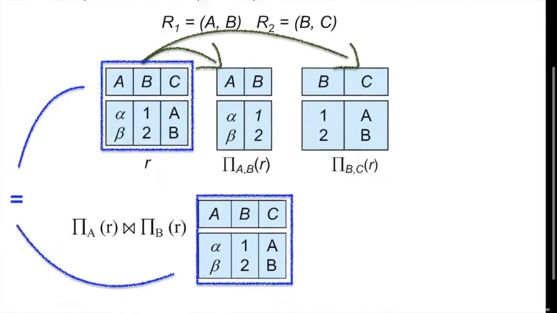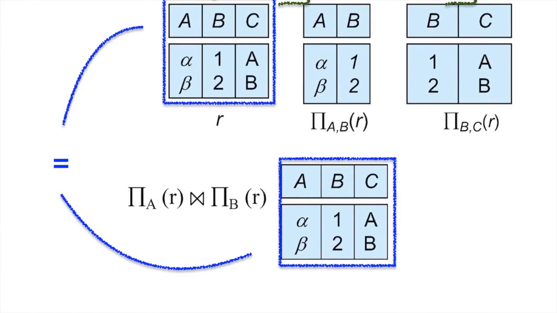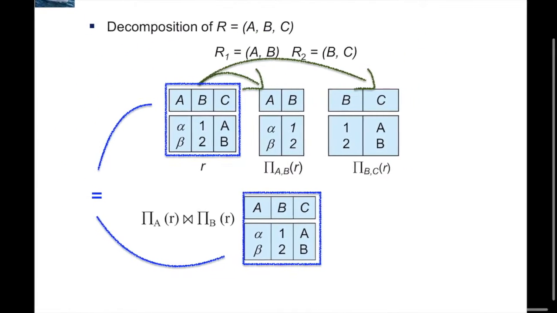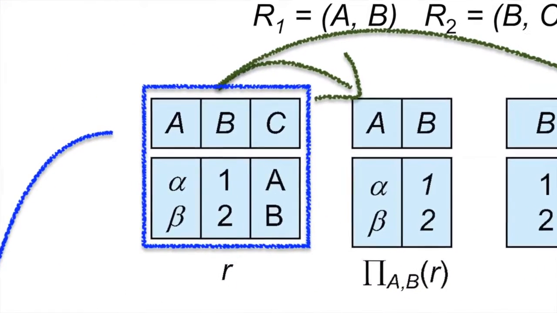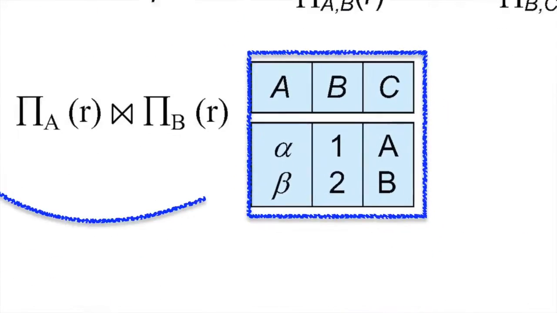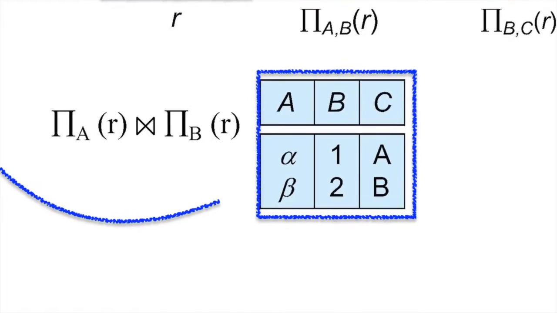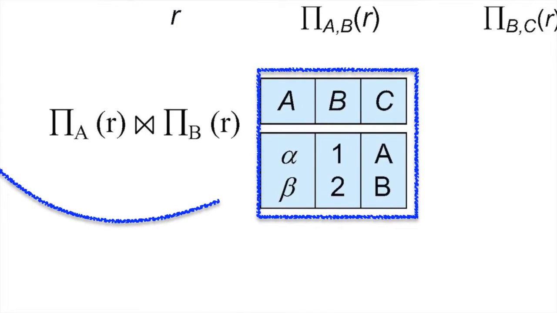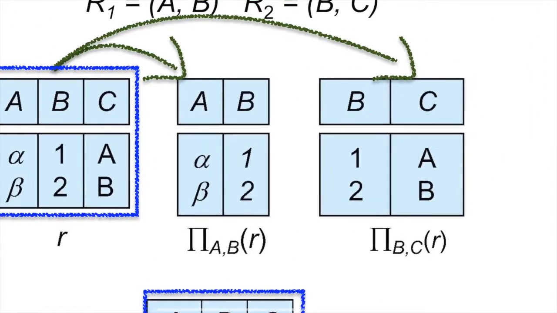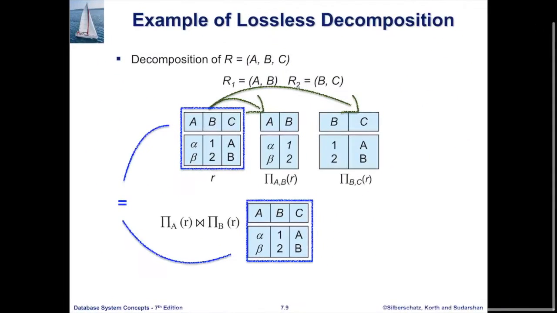If you perform the natural join, then you can get this one. So this is a lossless decomposition because the R here is equivalent to the result of the natural join of the two decomposed tables.